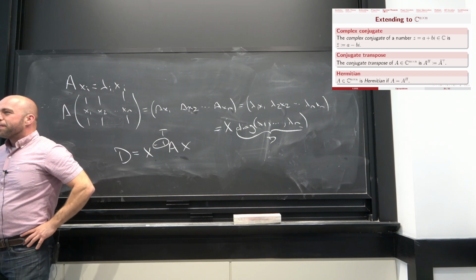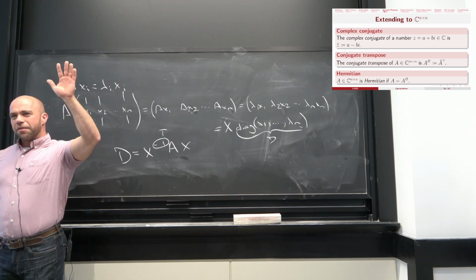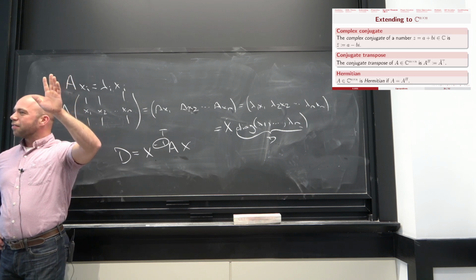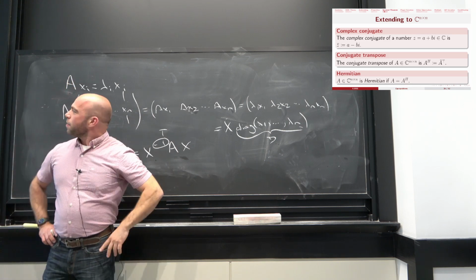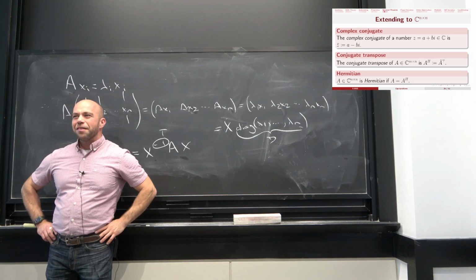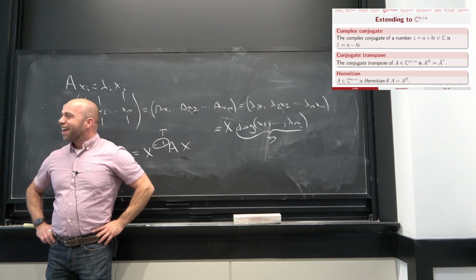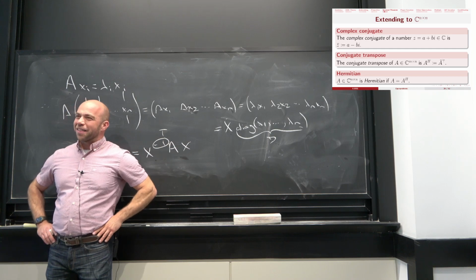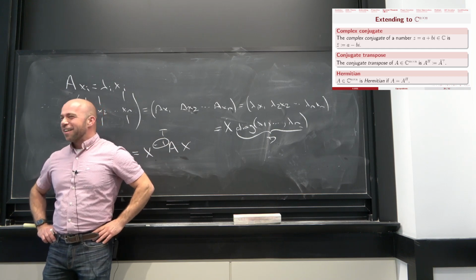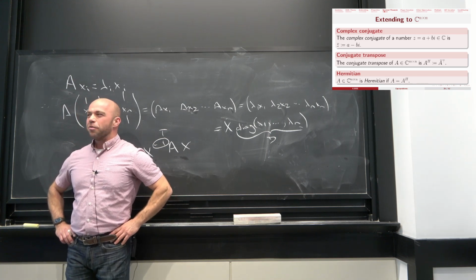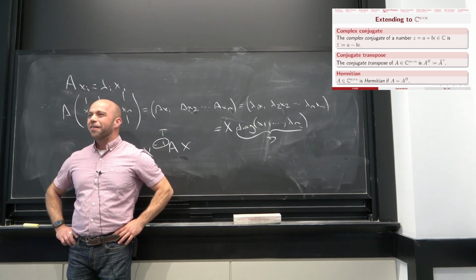Have we encountered Hermitian matrices before, just so I have some idea in this class? It's okay if you haven't. So about 50-50. Cool. So if you don't like thinking about Hermitian matrices and you prefer real valued ones, that's perfectly fine. Hermitian is the symmetric of the complex world. So in your brain, every time you hear Hermitian, you can just think symmetric, and as long as you never care about a complex number, you're pretty much okay.